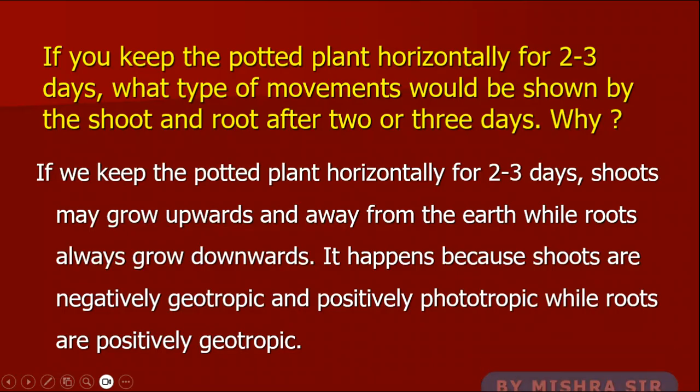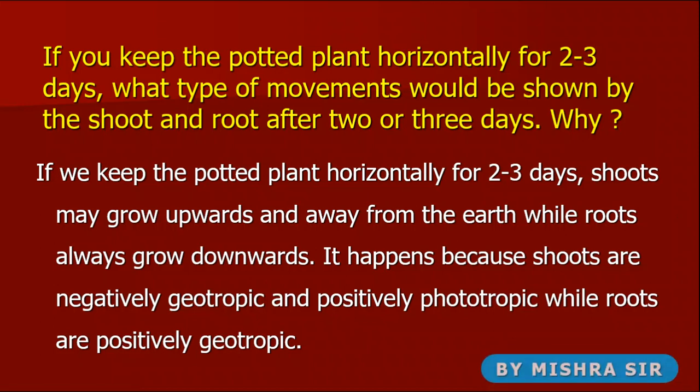Shoots may grow upwards and away from the earth, while roots always grow downwards. It happens because shoots are negatively geotropic and positively phototropic, while roots are positively geotropic.